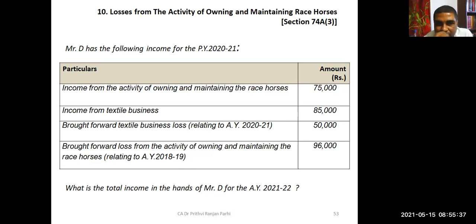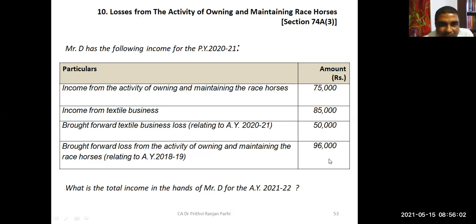Against the activity of owning and maintaining race horses only. Okay, so here there is 96,000. This can be set off against this 75,000. Income is only 75,000 under the similar activity, but we have a loss of 96,000. So the balance will be carried forward, and only 75,000 can be set off.